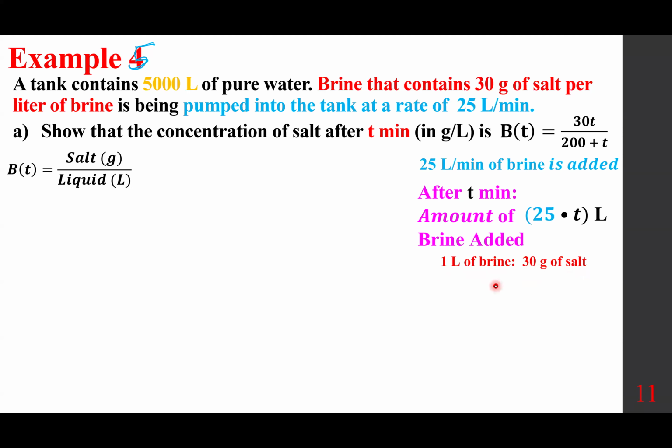But we have added how much? 25 times t liters. So how much salt do we get? 30 times 25t. So after t minutes, the amount of salt added should be 25t times 30 grams.